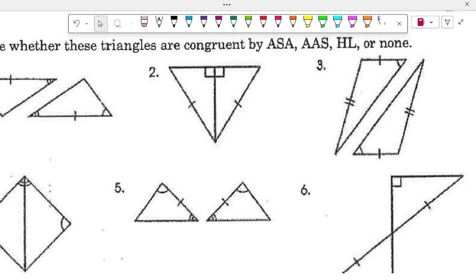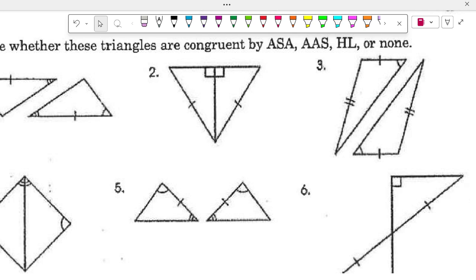So if you're standing in the middle, you're correct. It's hypotenuse leg. So remember, this is the only form of SSA that actually works. Because of that right angle right there, they share a leg, and the hypotenuses are also marked. Hypotenuse leg. All right.